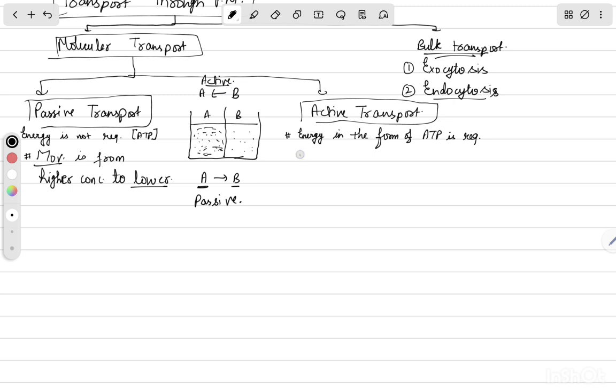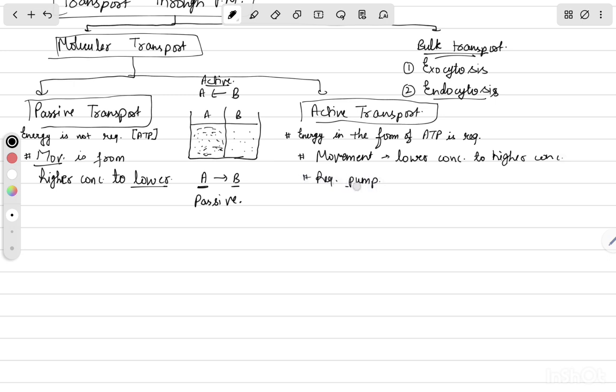So here the movement is from lower concentration to higher concentration. For such movement, we require pumps.